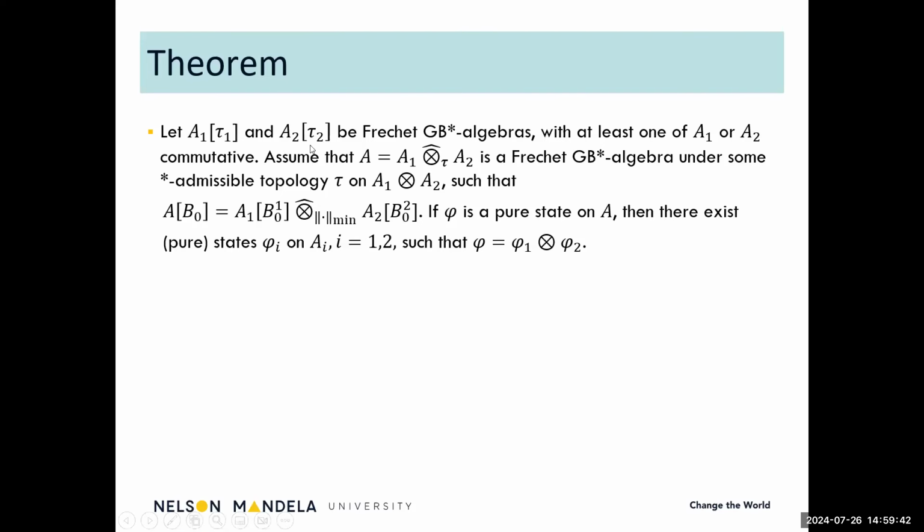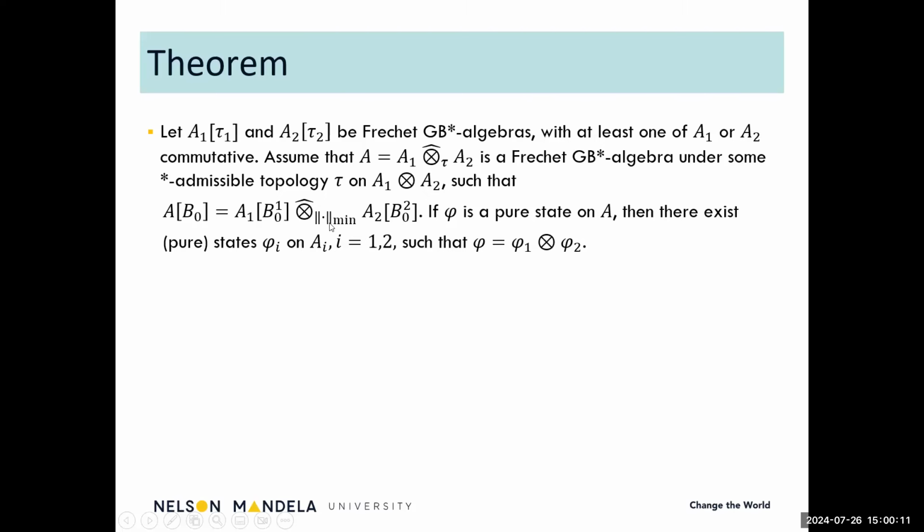So if you now take two GB star algebras, you'd look at their tensor product under some topology. And now what we will do is we will suppose that the underlying C star algebra of this GB star algebra is just the C star tensor product of the underlying C star algebras of those two algebras.